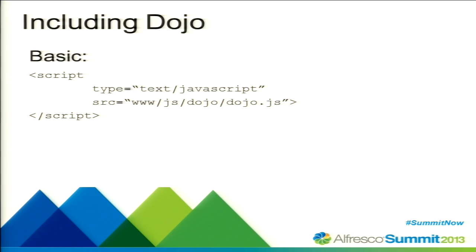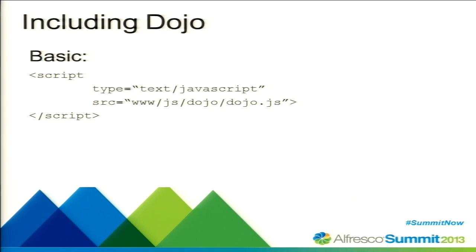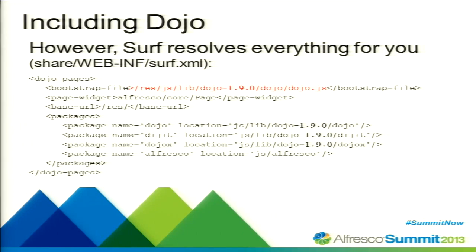So in the standard way of using Dojo, you would have some JavaScript at the top of the page. You'd pull the Dojo library in, just using a source tag like this. Whoops, that's the wrong way. But Surf actually pulls all of that stuff in for you, as well as providing a context for it, as it does the analysis and the build of the page.